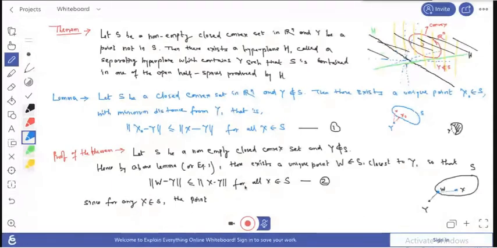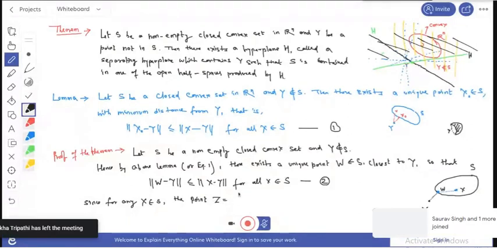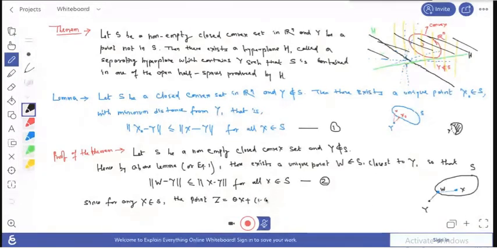Suppose this arbitrary point is z, the convex combination theta x plus 1 minus theta w, where theta lies between 0 and 1. This point z is also in the set S, because S is a convex set, and w and x are two points belonging to S, so any convex combination of these two points also belongs to S.